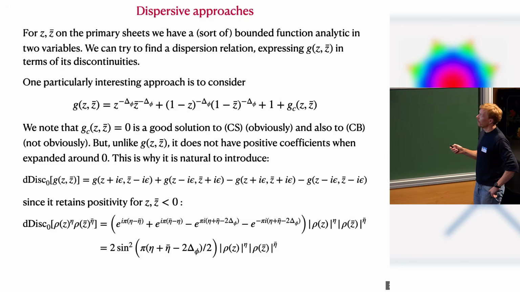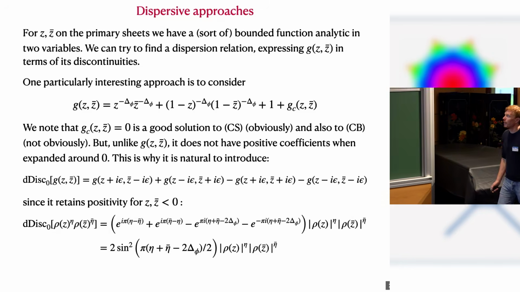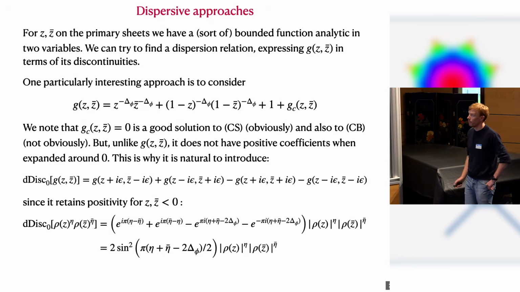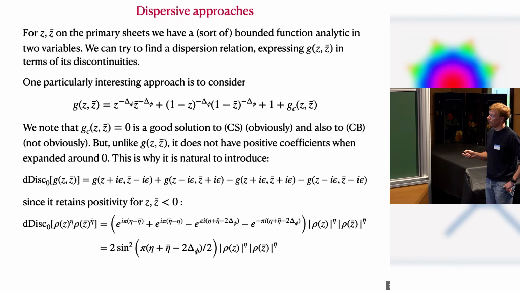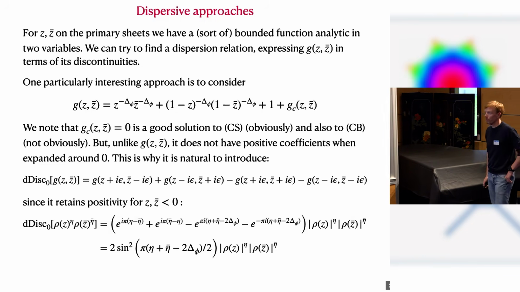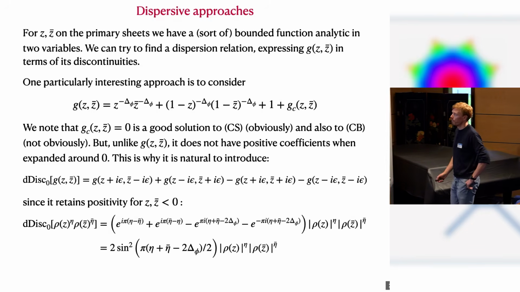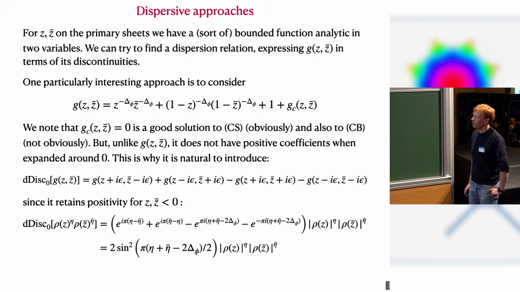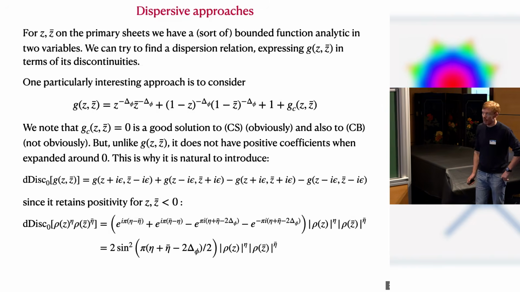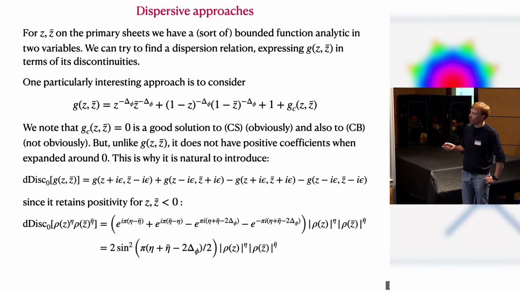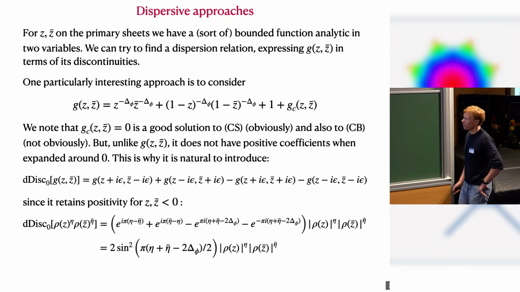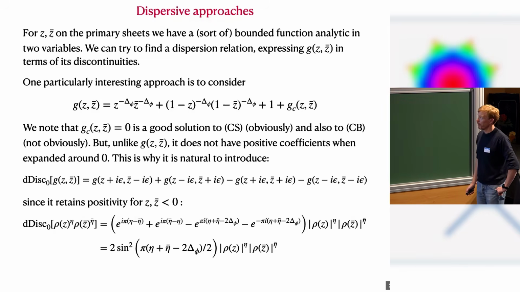And then you can ask, how can my function deviate from this very simple solution? This is also called the connected correlation function, for reasons that should be obvious for anybody who knows quantum field theory. It would be nice to find some kind of dispersive approach to this connected correlation function in particular.